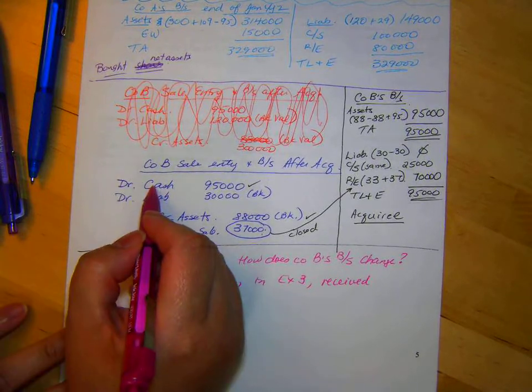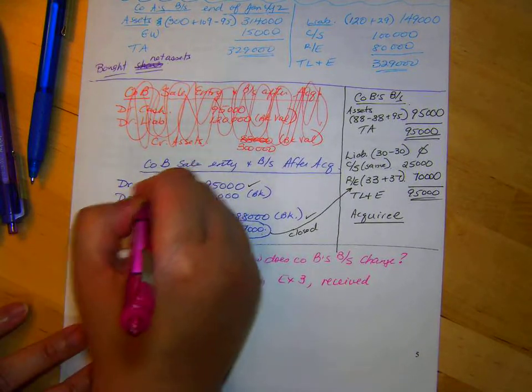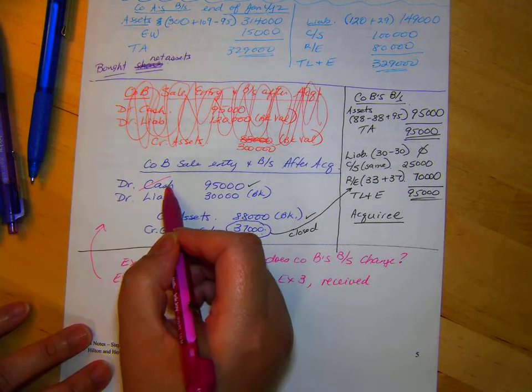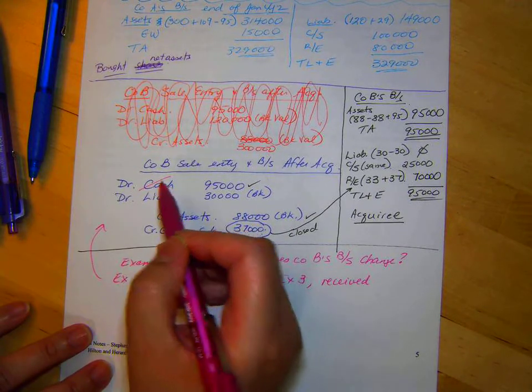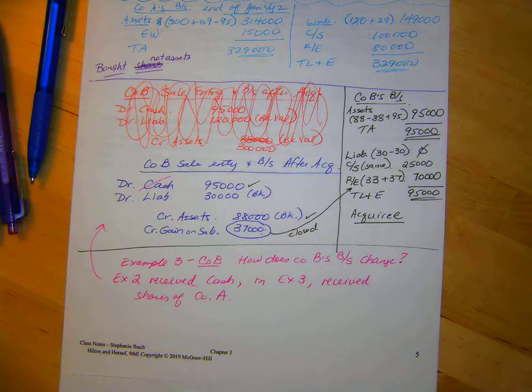So this would be company A shares. What do we call it when we hold some other company's shares as our assets?